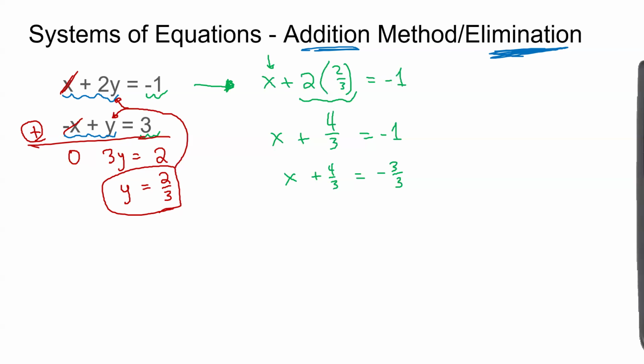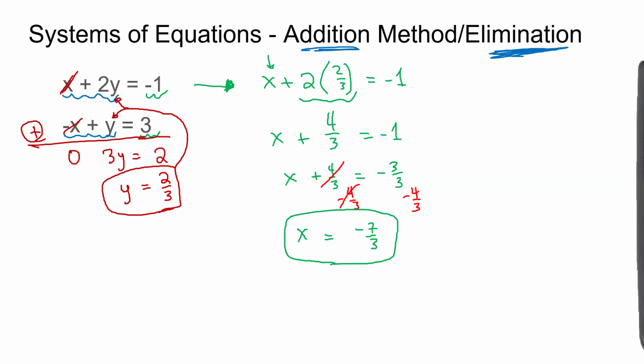And now when I subtract 4/3 from both sides, the 4/3 minus 4/3 will cancel, and I'll just have x on the left, which was the whole point of all this. -3 minus 4 would be -7/3 right there. So that would be our x value, the addition method right there.